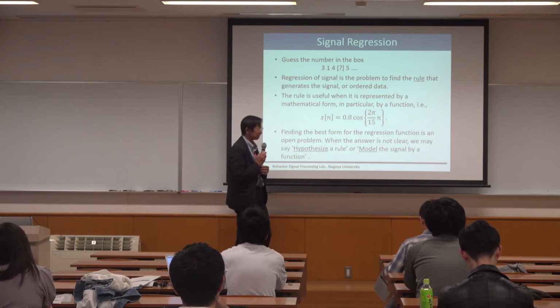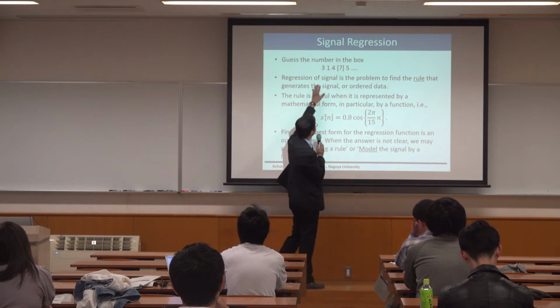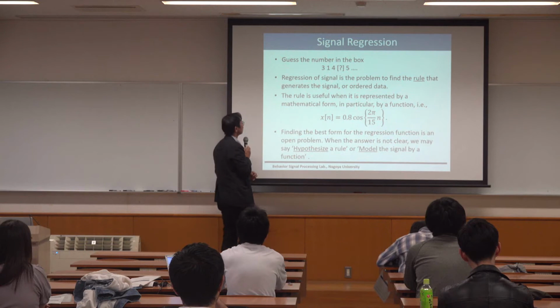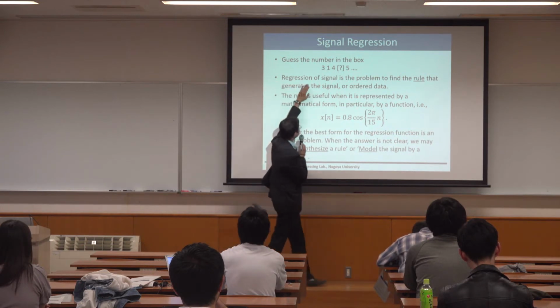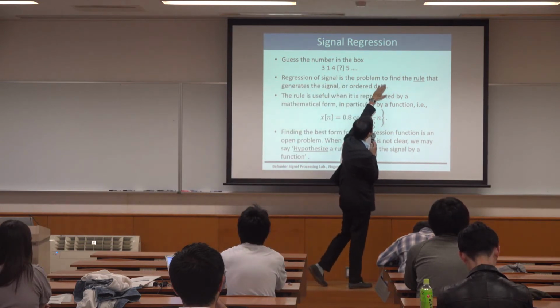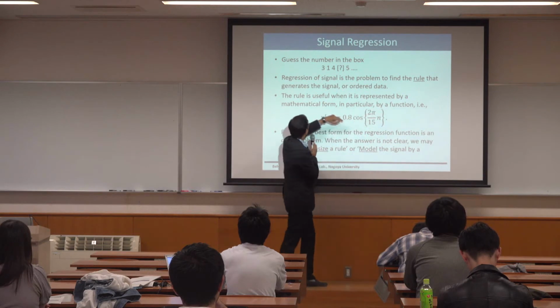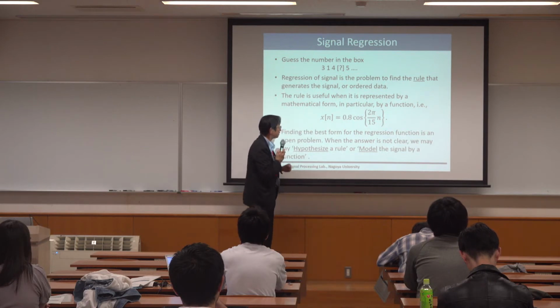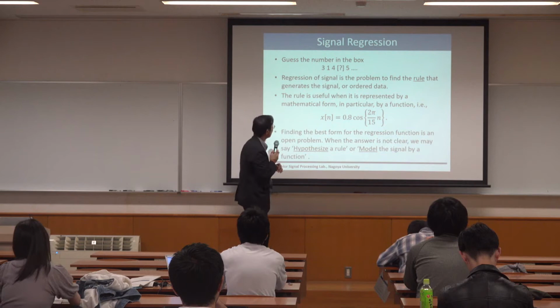That is one definition. The other definition is that the sequence itself has some meaning. But anyway, the regression of a signal is a problem of finding the rule that generates the signal or the ordered data. This is a simple definition of regression in this case.